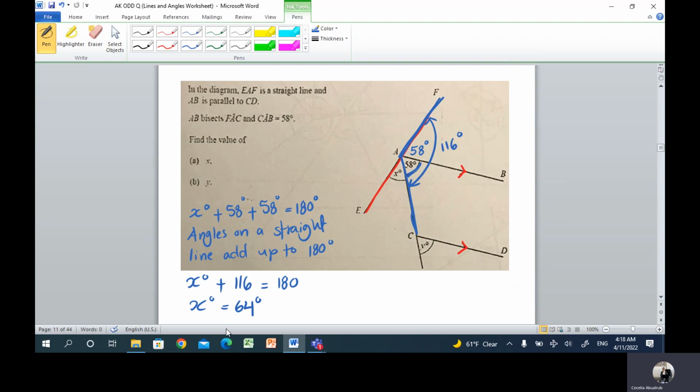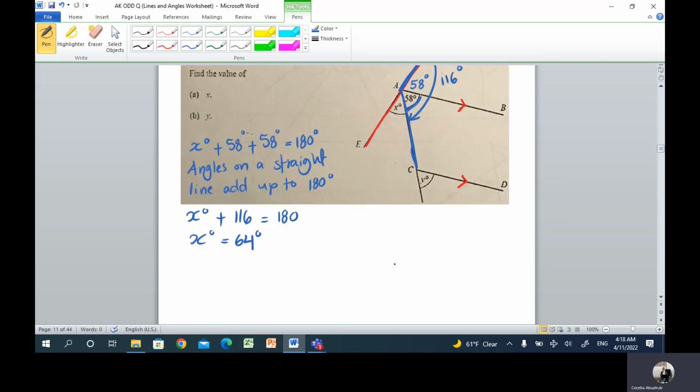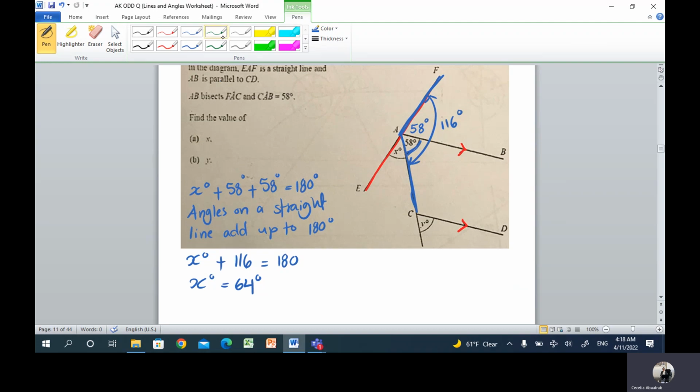Okay, so now we found X. Let me use another color here. I will use this one. If I call this angle theta, as you can see, BA and DC are parallel and AC is passing through the two parallel lines.